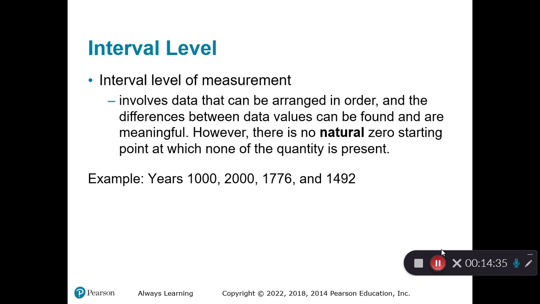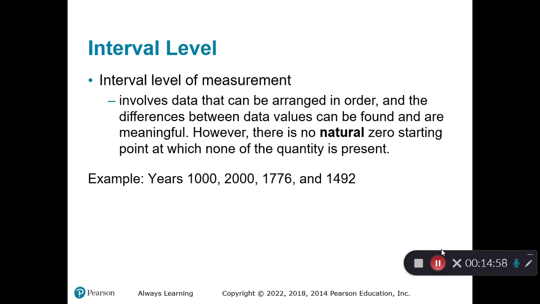In this third level, we gain something else. And what we gain is that now we have meaningful differences between values. For example, if we take a look at years, so the year 1000 versus the year 2000, the year 1776, I can subtract these values and that difference has meaning.